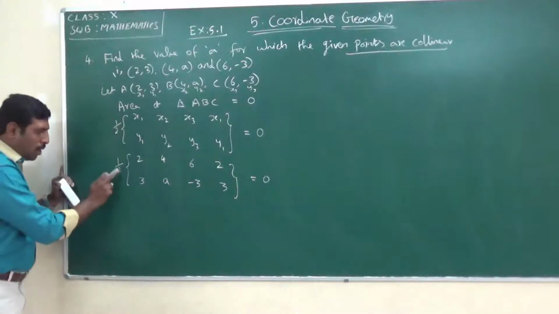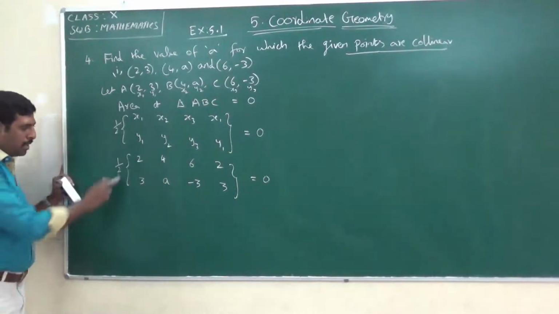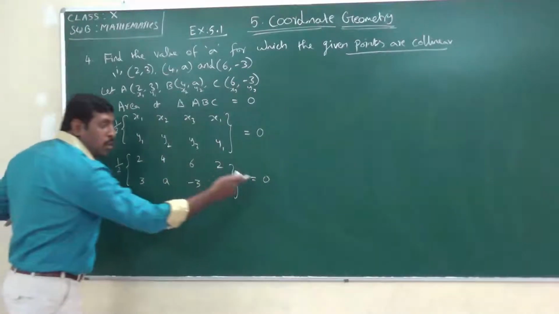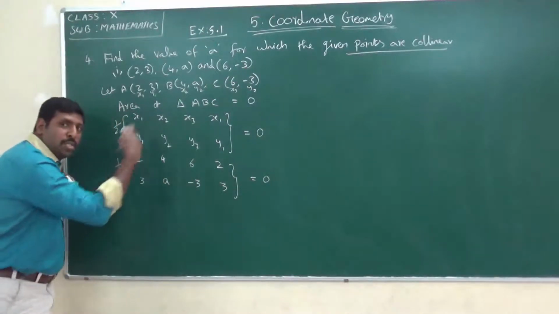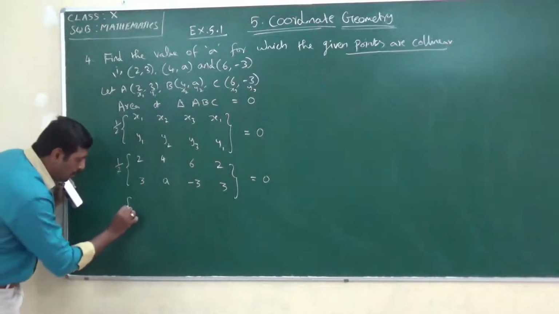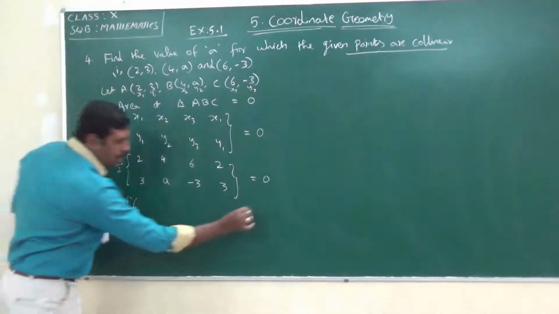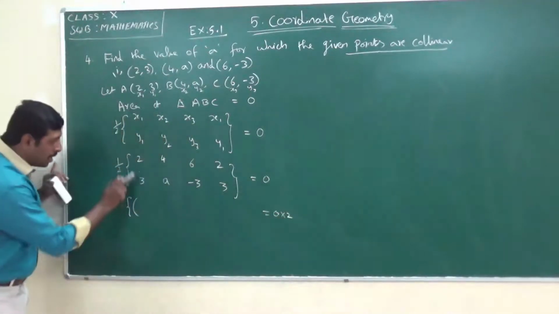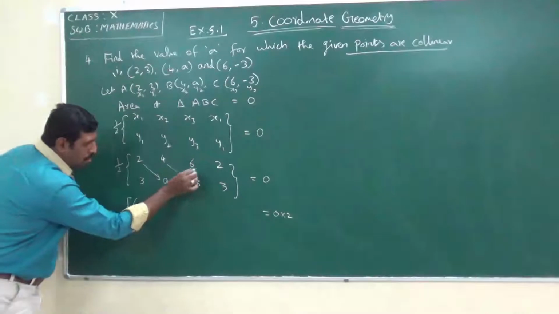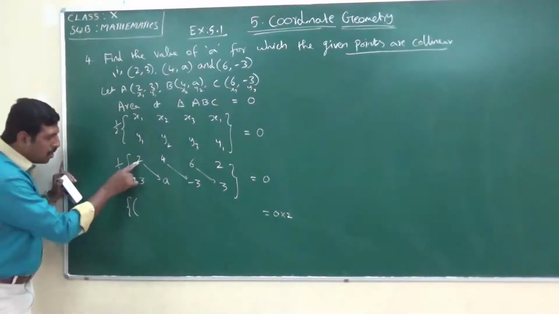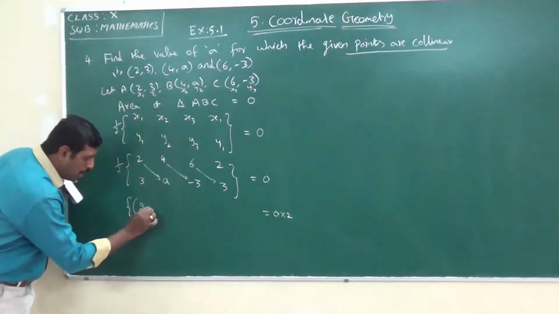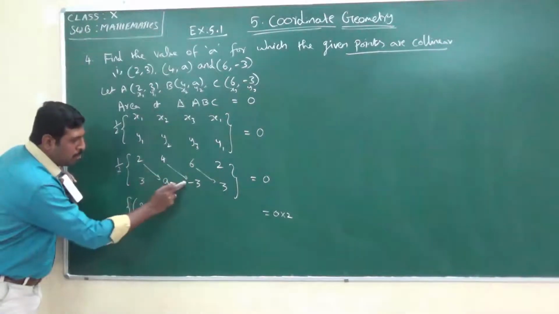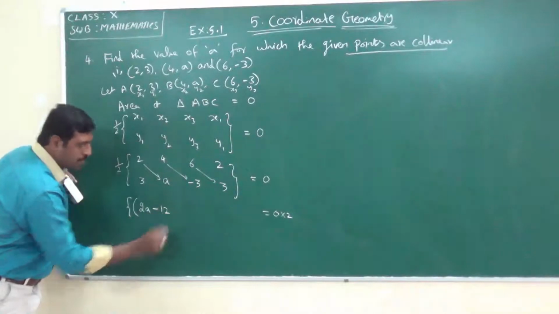Now I take this 1 by 2 to the other side. If I take 1 by 2 to the other side, the denominator 2 is taken to the other side, which means division changes into multiplication. So here we have the terms 0 into 2. Here we have to multiply these terms on the LHS. 2 into a is 2a. 4 into minus 3: plus into minus is minus, 4 3s are 12.